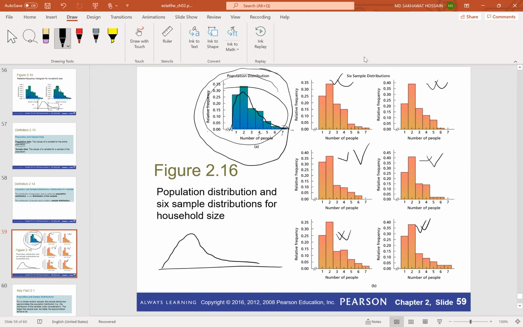So now the question is, which one is the distribution of the variable? Actually, this is the distribution of household size, that is, the number of people in each house. That's our variable.